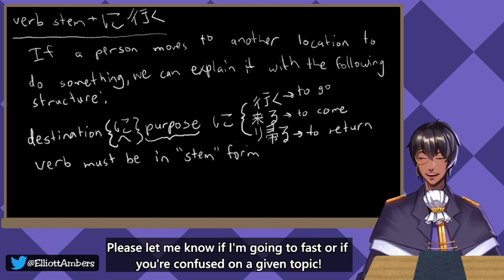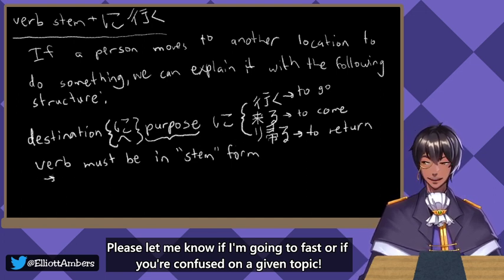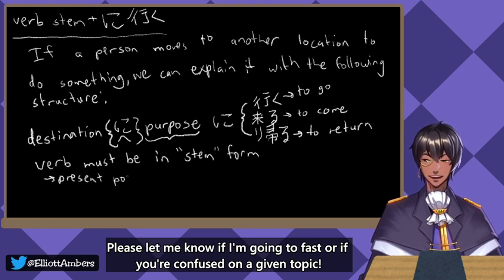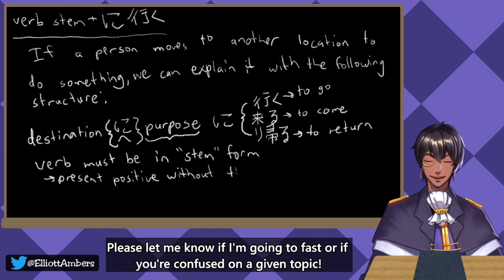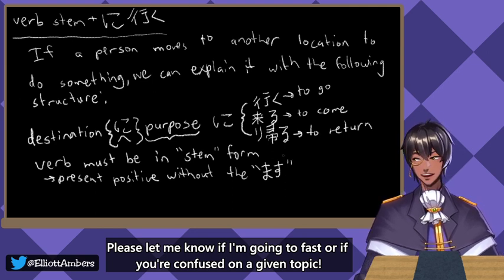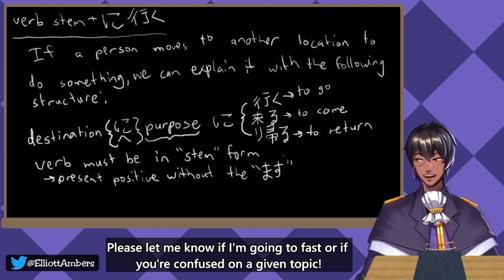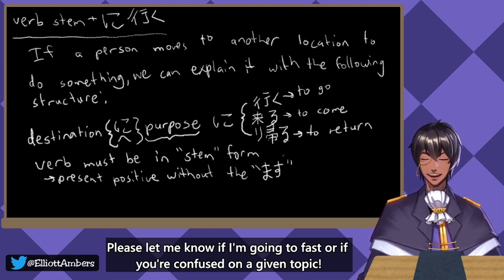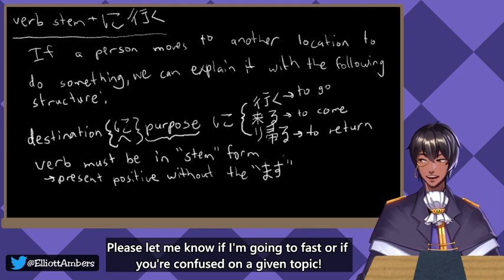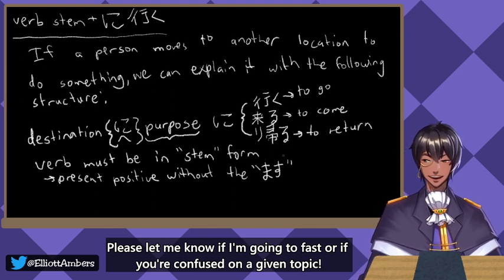And what stem form is, just as a reminder, it's the same thing as the present positive without the masu. So, for example, for the verb to read, hon o yomimasu would be I'm reading, or I read, but the stem form of that would just be hon o yomi.